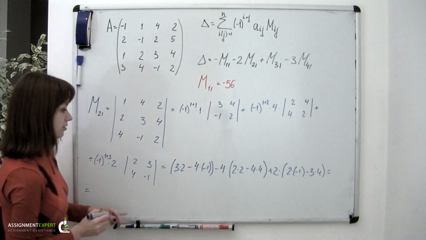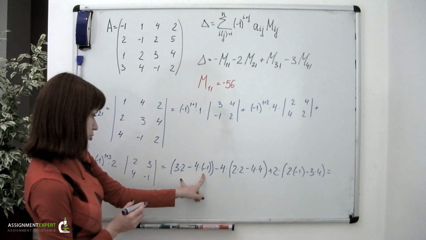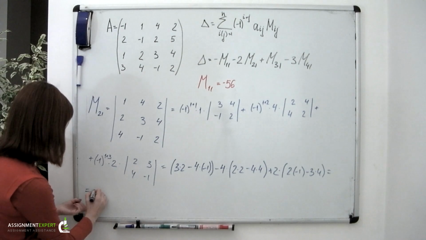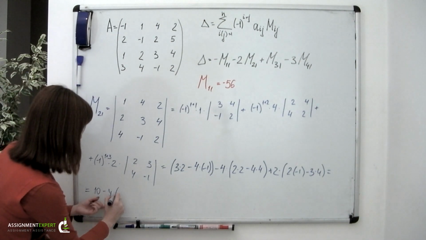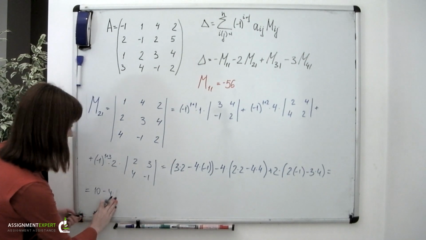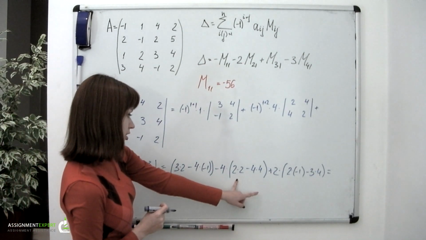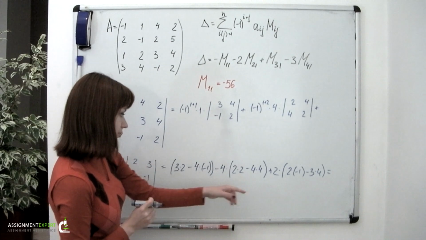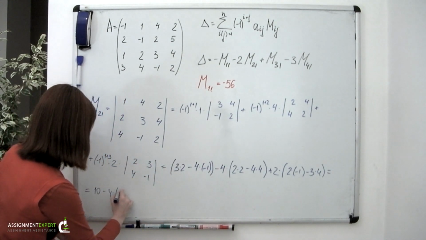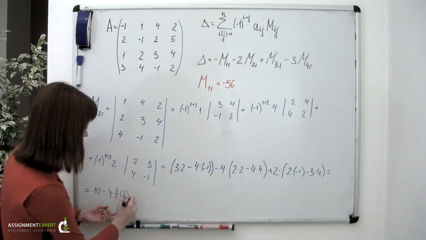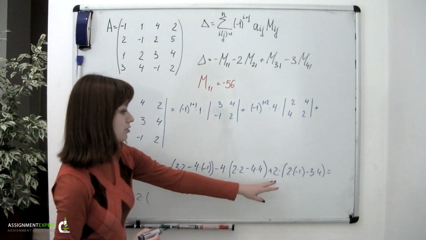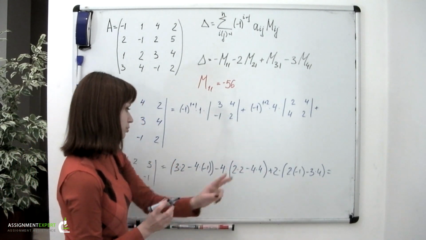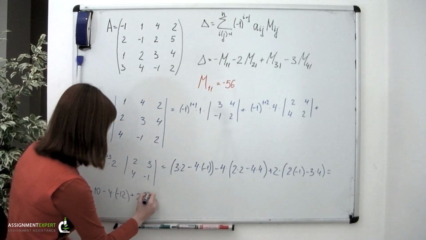Now let's see, we have 6 plus 4, which is 10. Then we have minus 4 multiplied by 4 minus 16, which is negative 12. And then we have 2 multiplied by negative 2 minus 12, which is negative 14.